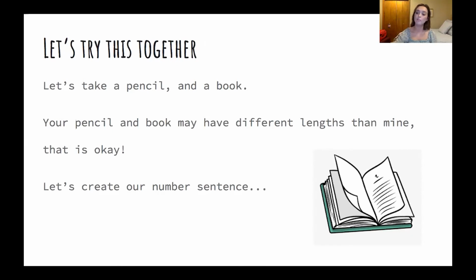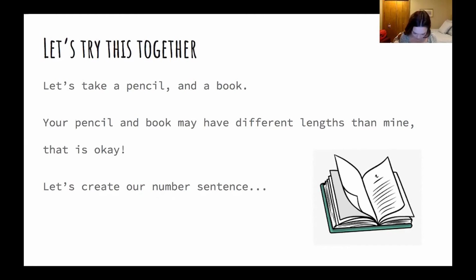Okay, now that we have that, let's go to our book. Go ahead and grab a book, any book that you have, and let's measure it. So again, starting at inches here at the bottom. All right, so my book is rather large. It is 9 inches long. So I'm going to write that.